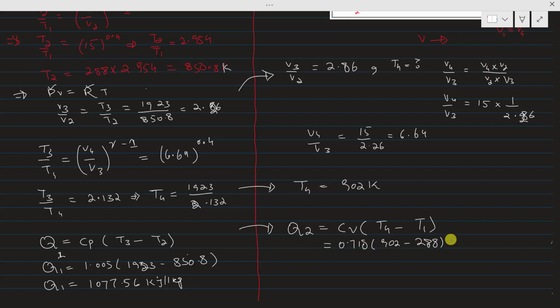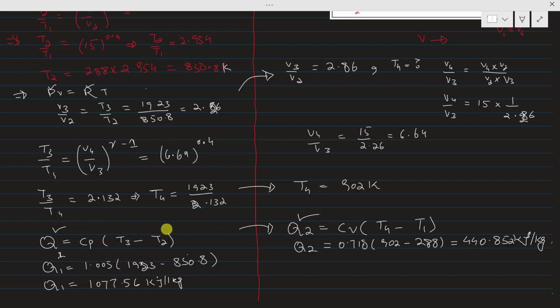So after doing simplifications on the calculator, you will find the heat that is rejected at a constant volume, that is 440.852 kilojoule per kg. The heat that is supplied is this one, and the heat that is rejected, that is this.